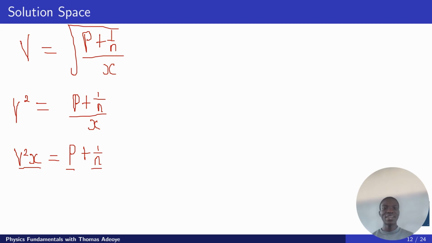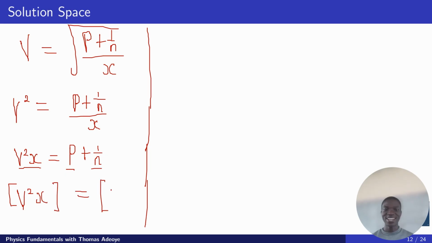So it is safe, right, and legal for me to say that the dimension of v squared x will be equal to the dimension of p. Yeah, they have the same dimension. Okay, and dimension of pressure, we already derived it, so I don't need to go over it again.